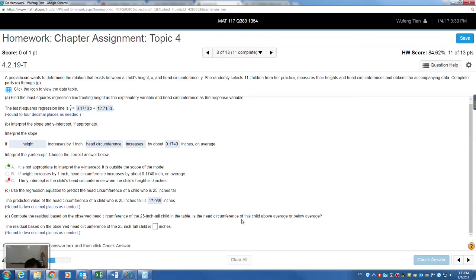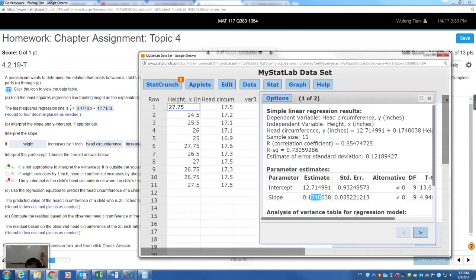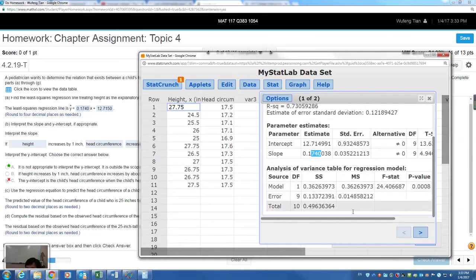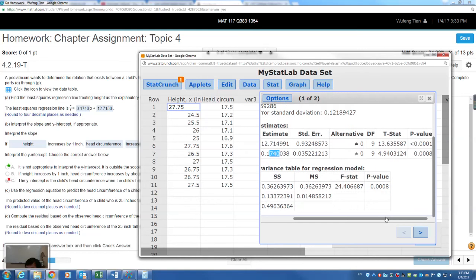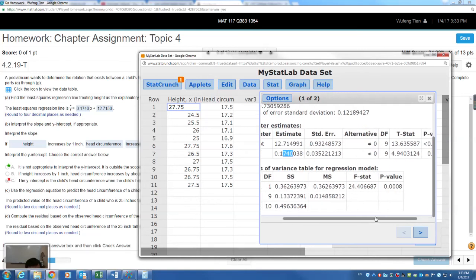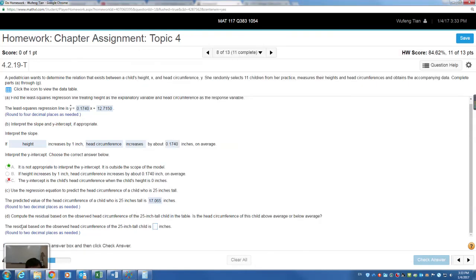Is the head circumference of the child above average or below average? Residue. Let me see. Where's the residue? The residue based on the observed circumference 25 inches.